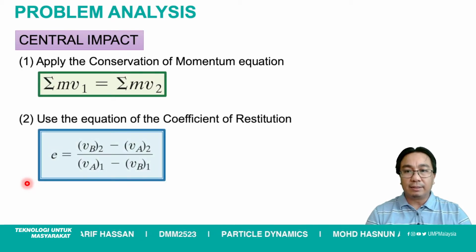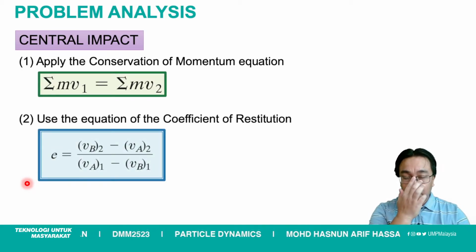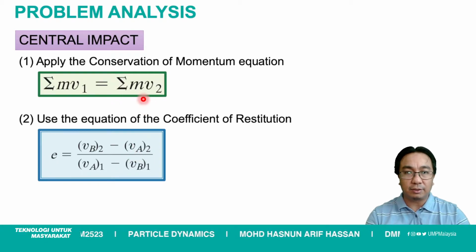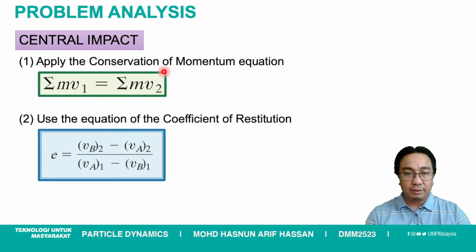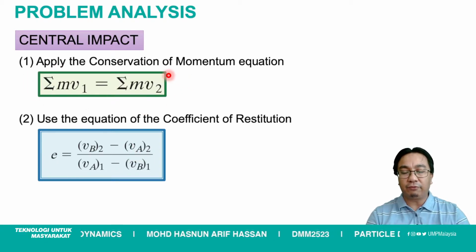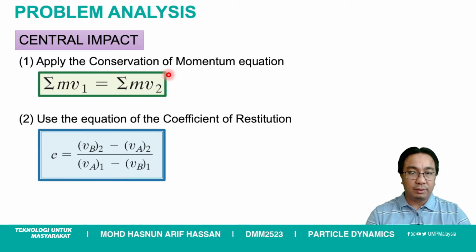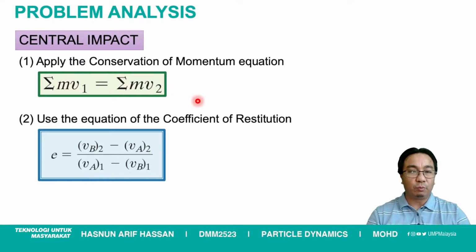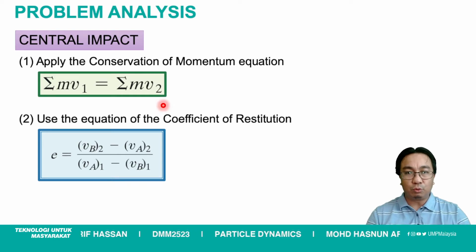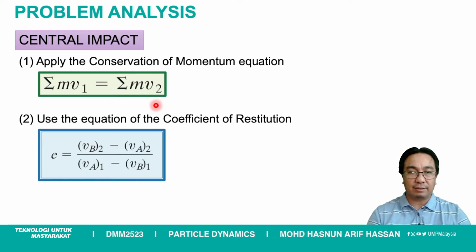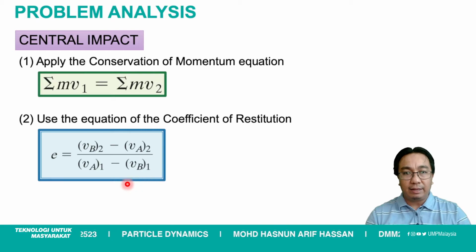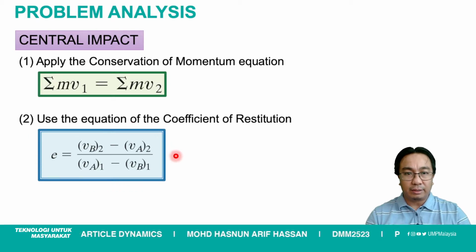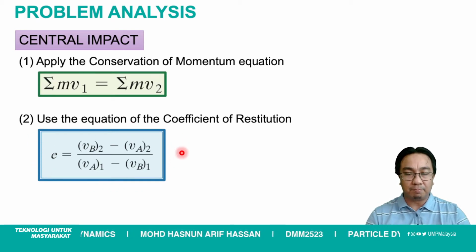The second is to use the coefficient of restitution. Why do you have to use this? Because in the first equation we're going to have two unknowns in one equation. So basically we cannot solve these two unknowns and we need an extra equation, and that is where the coefficient of restitution comes into play.